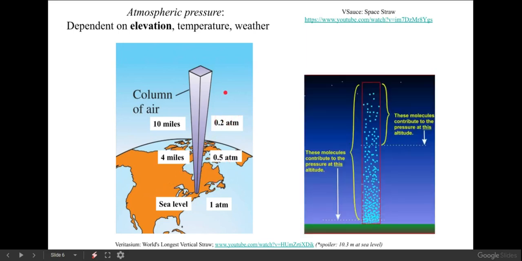And so the higher and higher up you go, there's less particles pushing down on you. And again, it's just the force of gravity pulling them all down on top of you. And so as you go up in altitude, atmospheric pressure goes down. And then temperature and weather definitely affect them as well, but we're not going to worry too much about them.